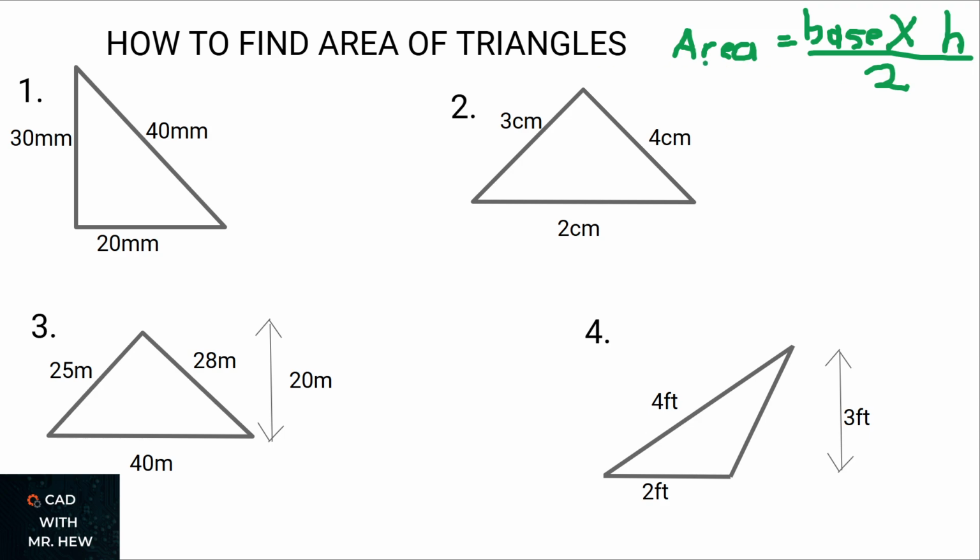This is the formula for the area of a triangle. So to find the area of triangles, the formula is area is equal to the base times the height divided by 2.